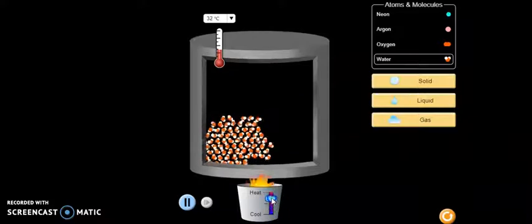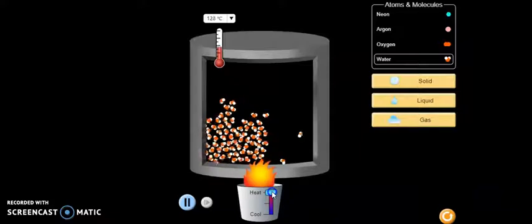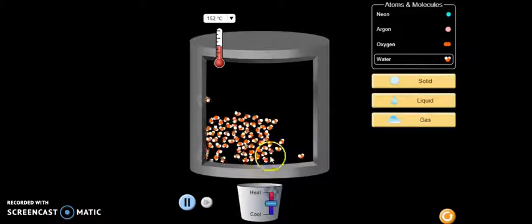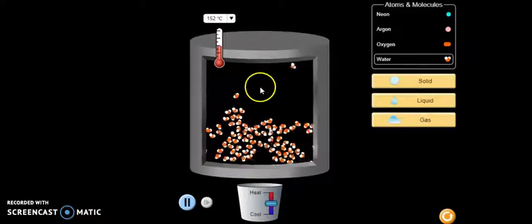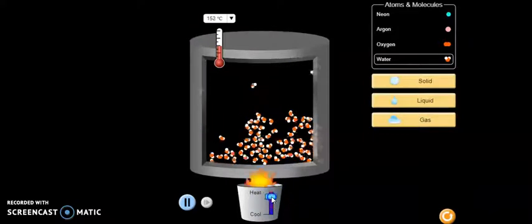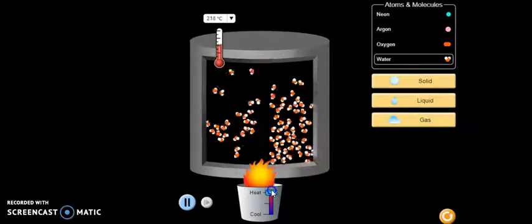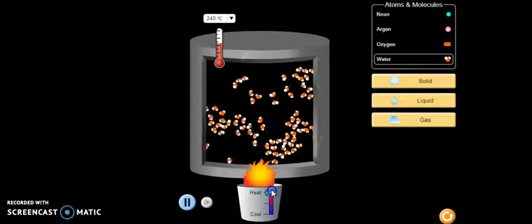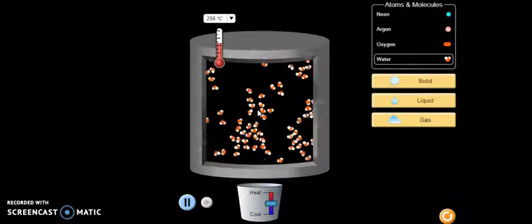So if we add more thermal energy, you can see the temperature goes up. It's more than 100. Right now you can see how the particles move faster and faster. So if we add more thermal energy to these particles, they are moving faster and faster and faster. So this is an example of thermal energy.